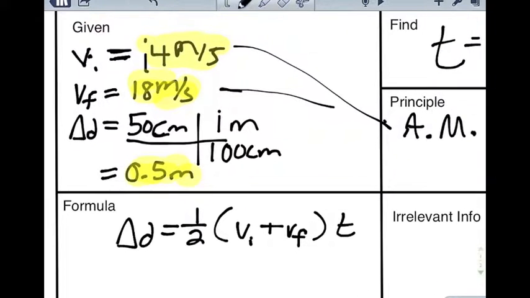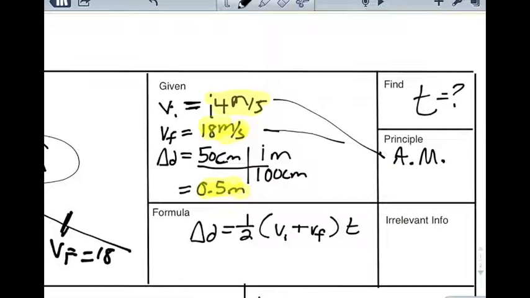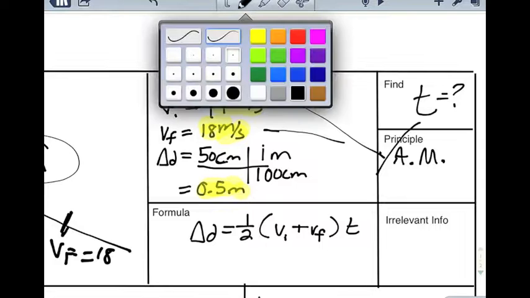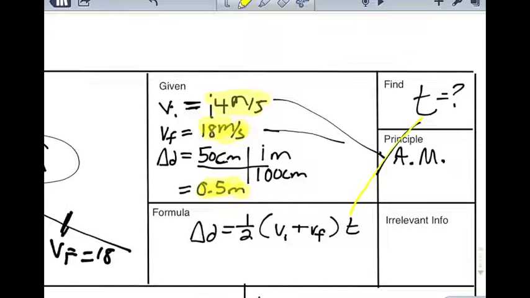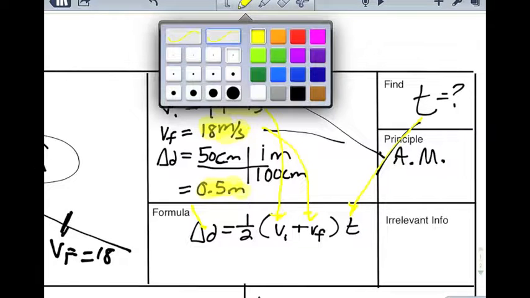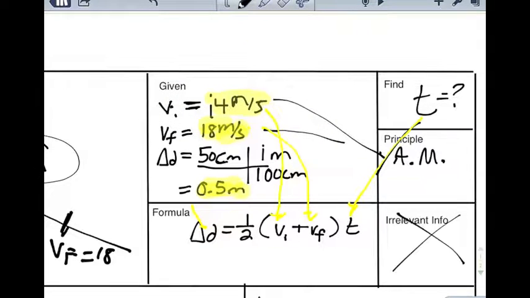If we look at what we're given and what we're looking for, I'm going to change colors so we can see it a little easier. I'm trying to solve for the time, the initial velocity I have, the final velocity I have, and the displacement I have. So there is no irrelevant information.